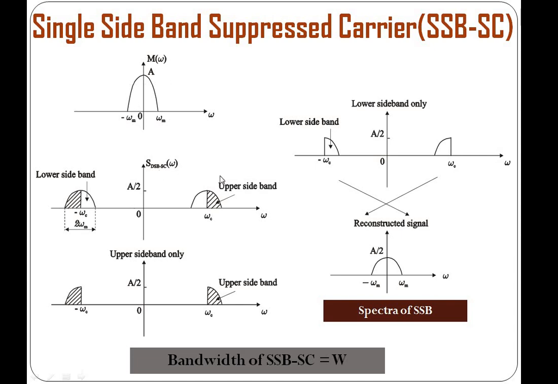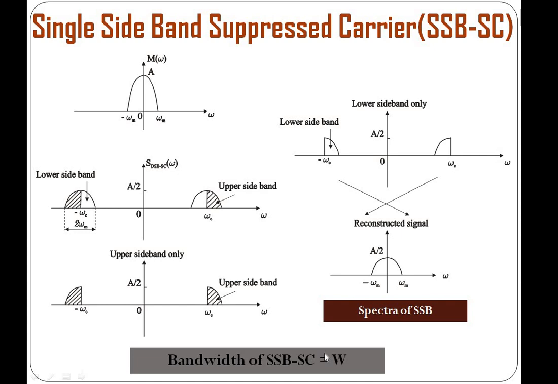So here you can see the message spectrum. The inner part of your message spectrum is always called the lower sidebands, and these are your upper sidebands. In case you are applying a low pass filter over there, then you are getting the upper sidebands. This is how they will be transmitted. In case you are going for the lower sideband, these are the things that you will be obtaining. So this is the overall spectrum of your SSB signal, and how it will be obtained with your bandwidth, that is only omega.